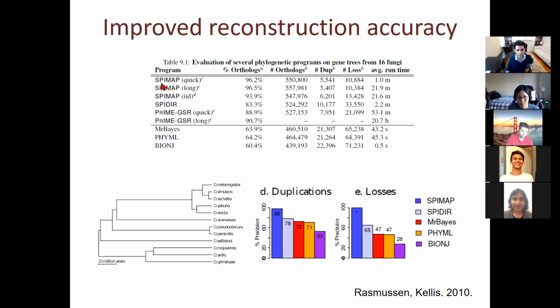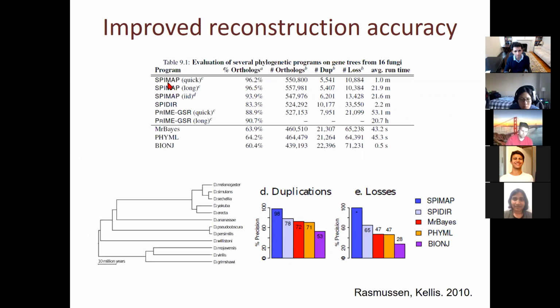And now we can see how these species-informed methods are doing. This SPIDIR method, which is a maximum likelihood method, is already improving from 60% or 63% to 83%, and inferring only half of the duplication events and only half of the loss events, suggesting that it is able to explain the alignments with many fewer events and therefore much more accurately.